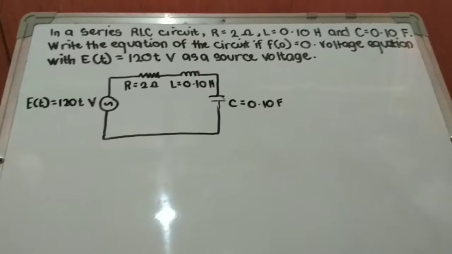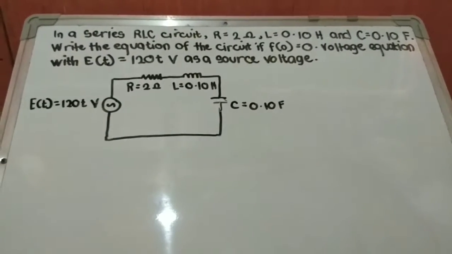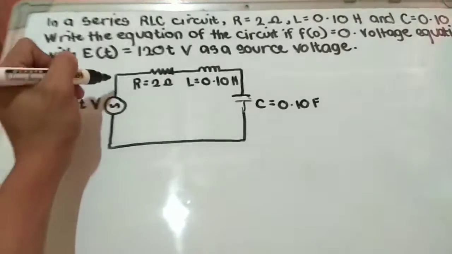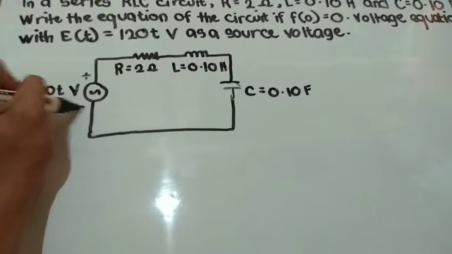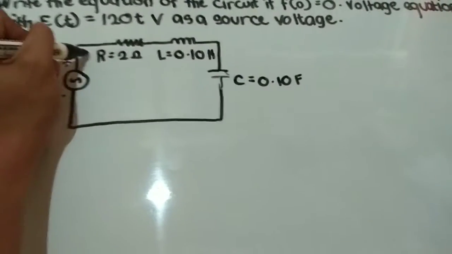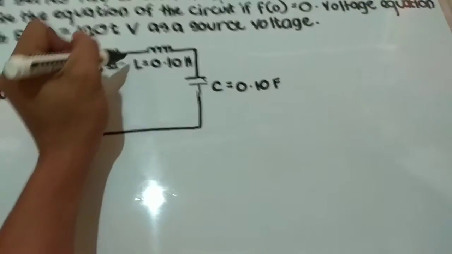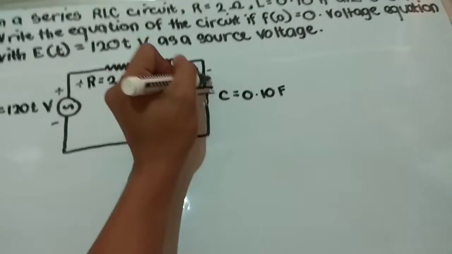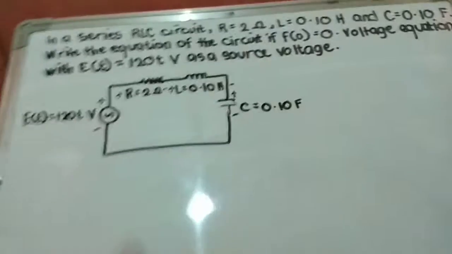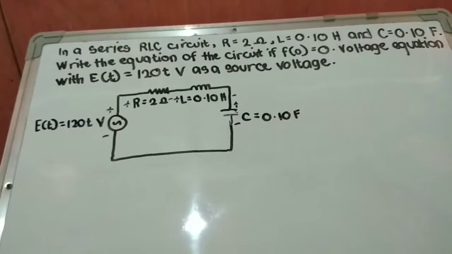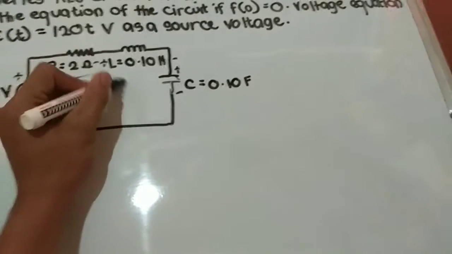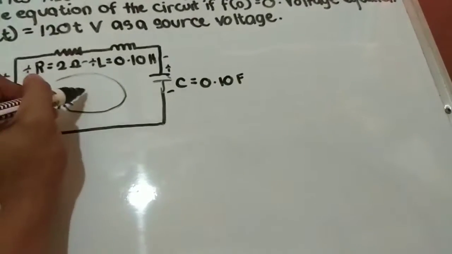We will solve this equation by KVL. So let's assign values: positive, negative, positive, negative, positive, negative. And the direction of the current is here.